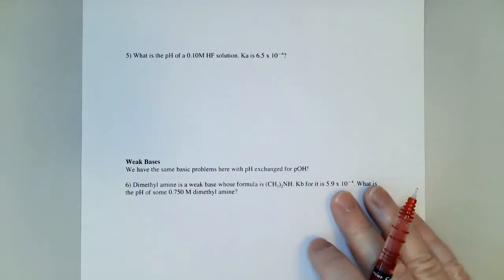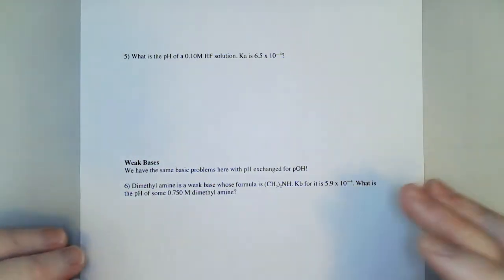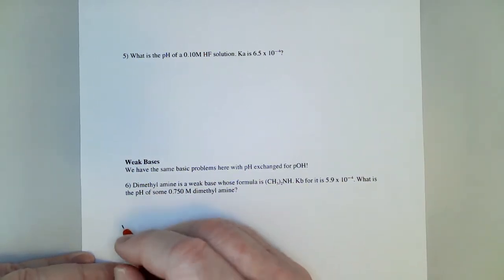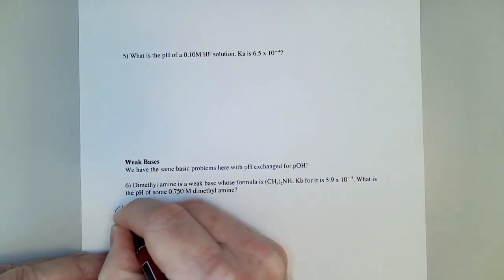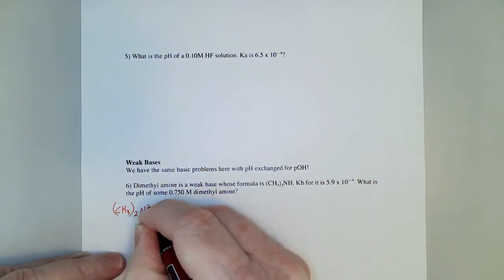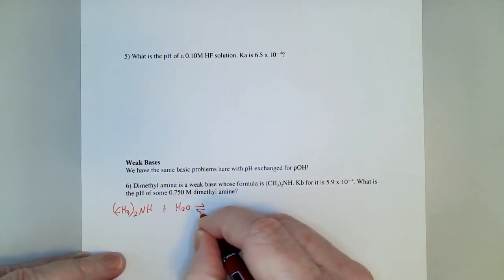All right, so now what I want to do is just put a little twist into this. And this is not anything that's really going to kill you, all right? It's just slightly different definitions, okay? So we have dimethylamine. Now that is (CH3)2NH. It reacts with water. It's a base.